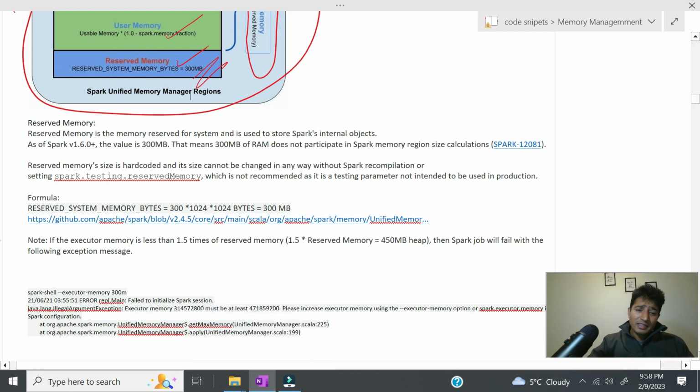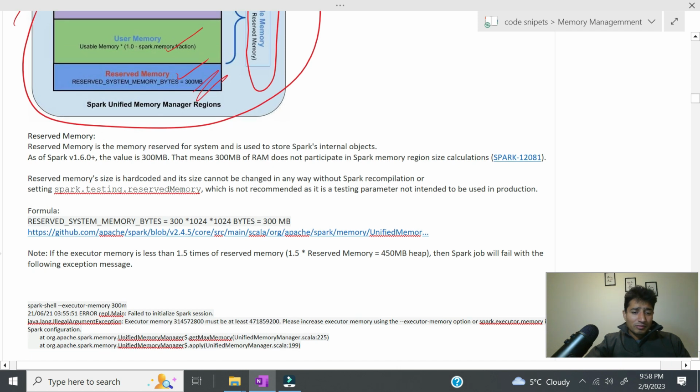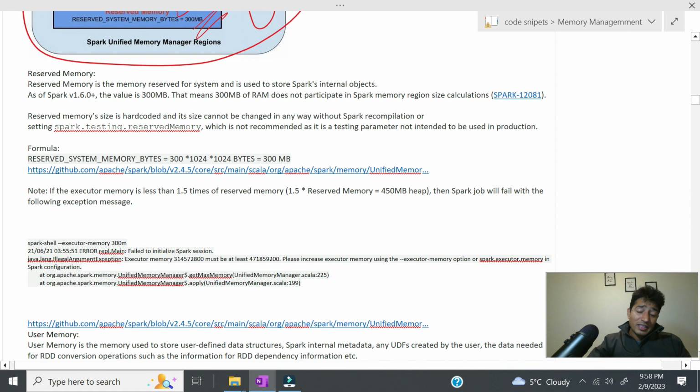If the executor memory is less than 1.5 times the reserved memory, the Spark job will fail with an error message, right? So in the simple case, we won't touch it. Let the reserved memory be obtained by itself.